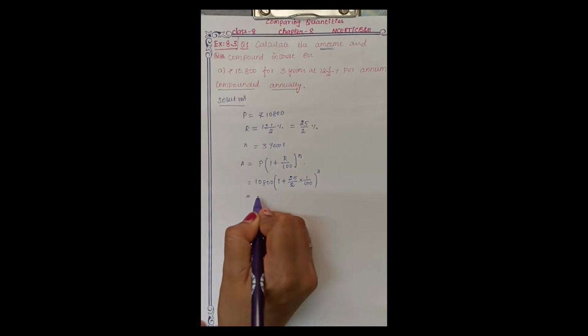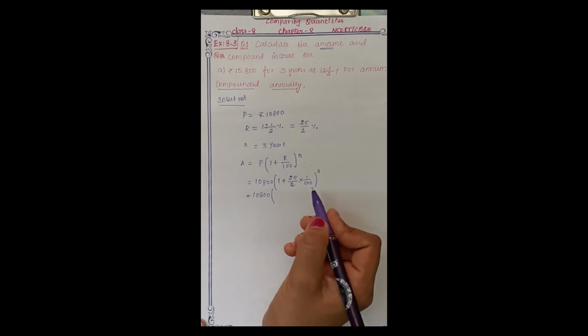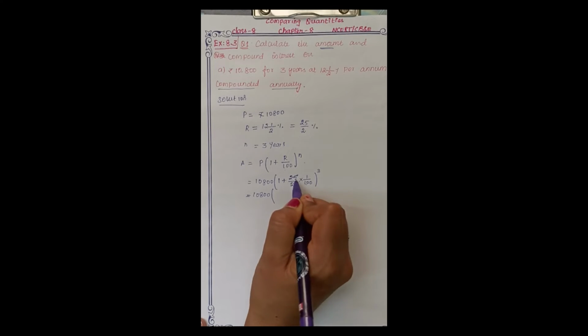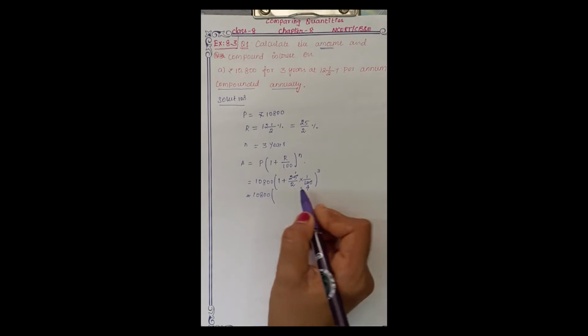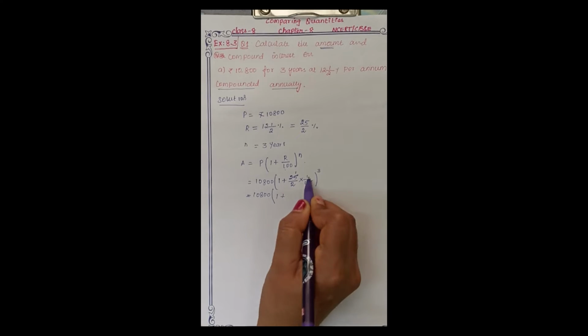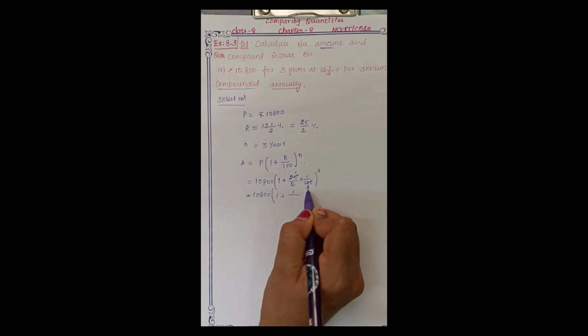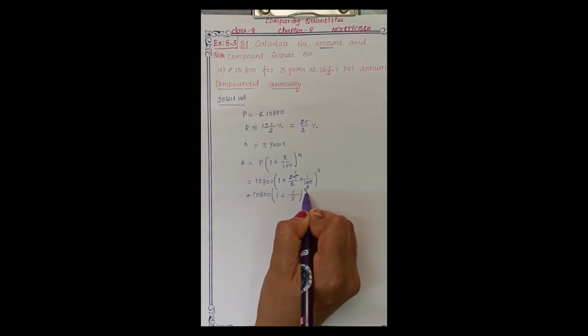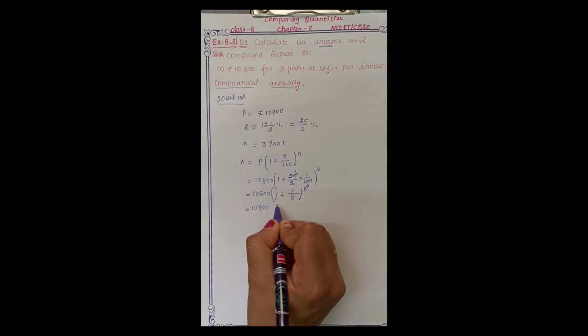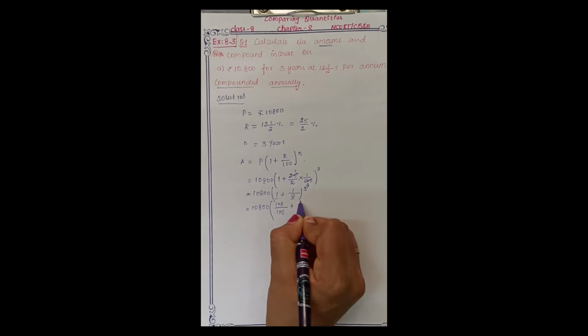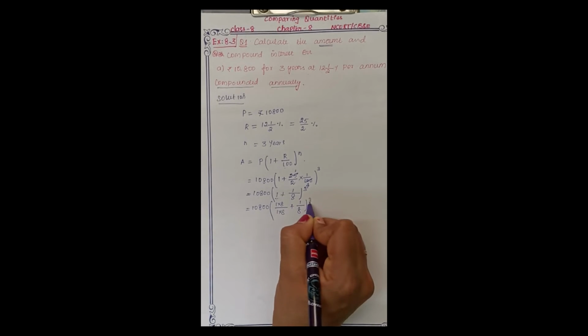So 10,800 into, now cut this 25 and 100. 25 ones are 25, 25 fours are 100. So 1 plus 1 by 8, to the power 3. Multiply and divide by 8, so 8 plus 1 by 8 to the power 3.